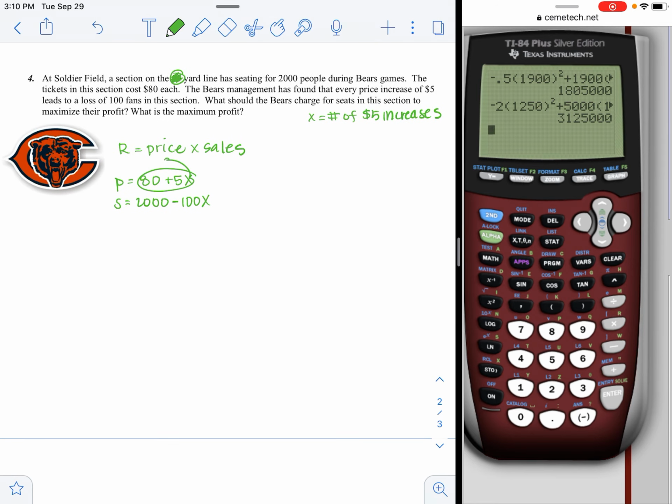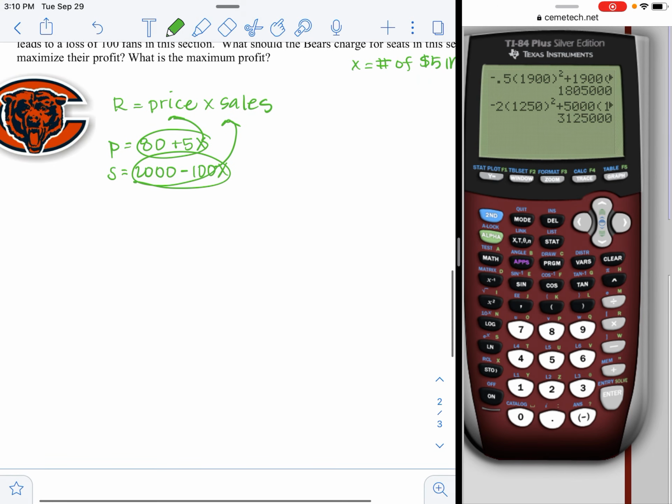So now once again, I'm going to substitute it in for price, substitute it in for sales, and get my quadratic. Okay? All right, so my quadratic is going to be R equals 80 plus 5X times 2,000 minus 100X.